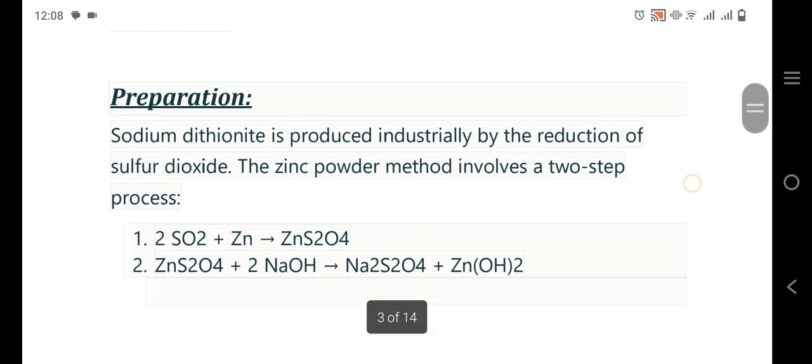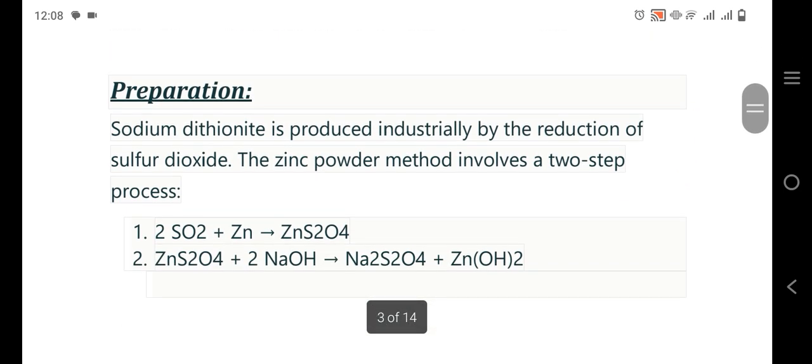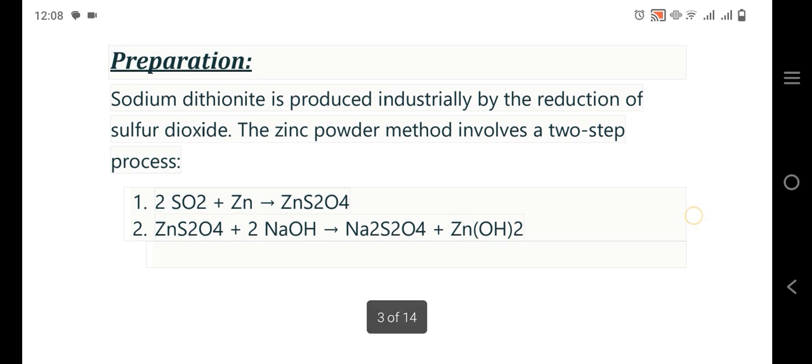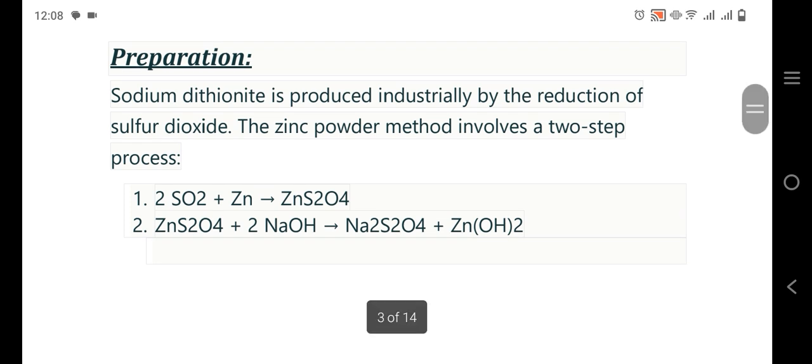Now we can see the preparation of sodium hydrosulfide, that is, how to prepare sodium hydrosulfide. Sodium dithionite is industrially produced by the reduction of sulfur dioxide. It involves two steps. In the first step, two atoms of sulfur dioxide react with zinc, which forms zinc hydrosulfide.